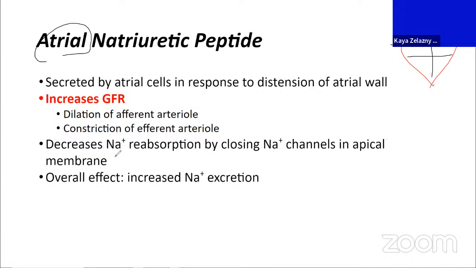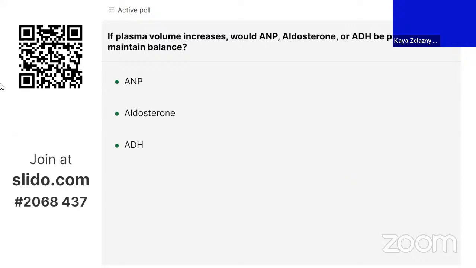We want to close those sodium channels because we'd like to stop reabsorbing so much water. We really would prefer to increase our sodium excretion. Increasing sodium excretion and therefore not having that sodium in the plasma means we won't absorb quite as much water, which means we can protect our heart, protect stress on the heart.